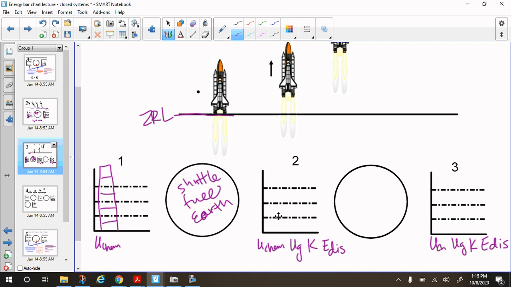And then we are going to see that some of our chemical potential energy is gone. It's turned into gravitational potential energy and kinetic energy and dissipated energy. So I'm going to say we have half a block of gravitational potential, half a block or 1 block of kinetic, and 1 block of E-dis. And so we still have 8 blocks.